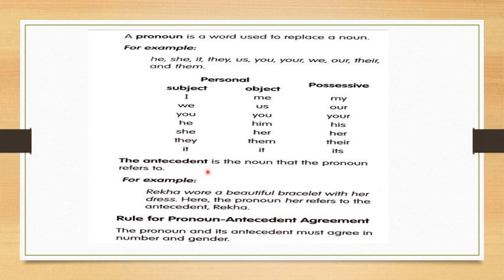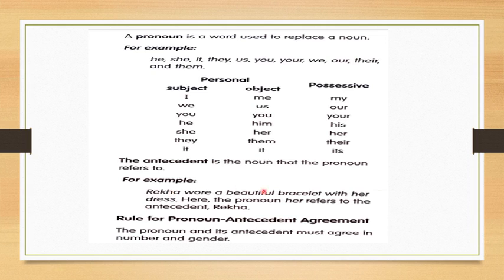The antecedent is the noun that the pronoun refers to. What is called an antecedent? It is the noun that the pronoun refers to. For example, Rekha wore a beautiful bracelet with her dress. Here Rekha is a noun.